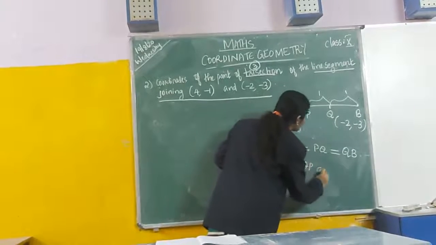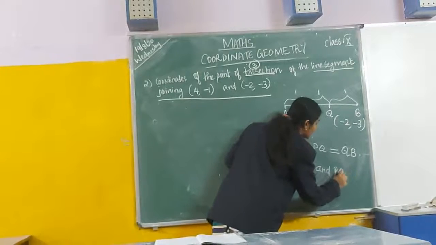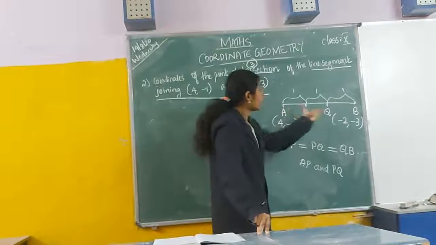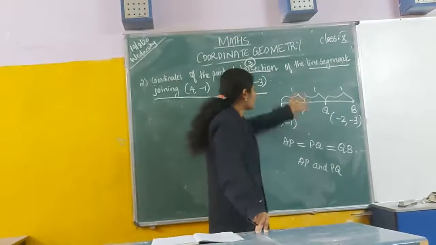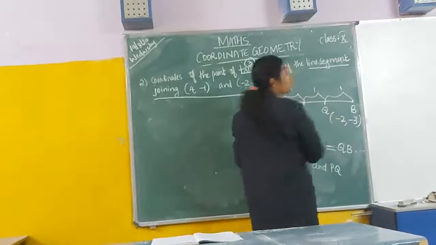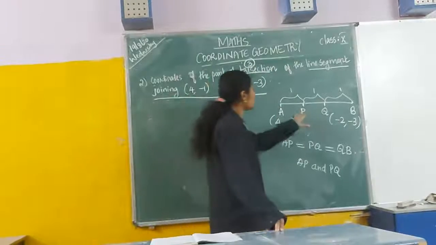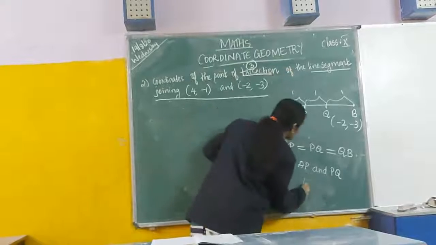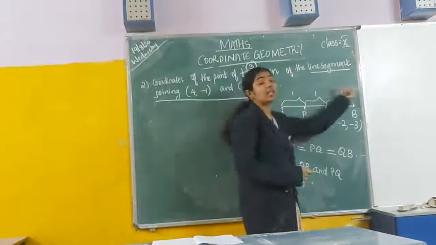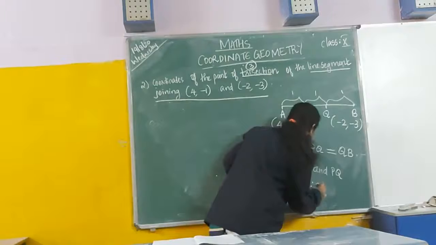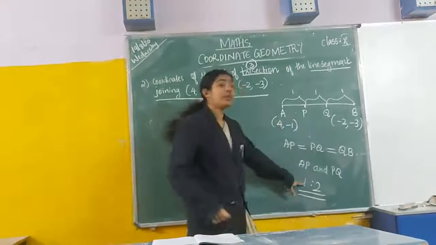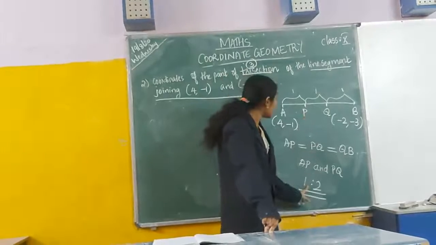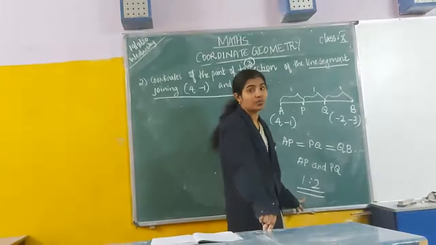AP and PQ. Isn't it? One is AP and another is PQ. So, what will be the ratio of that point? AP is 1 and PQ is 1 plus 1, that is 2. So what will be the ratio of the point P? The ratio of the point P, you can say as 1:2.